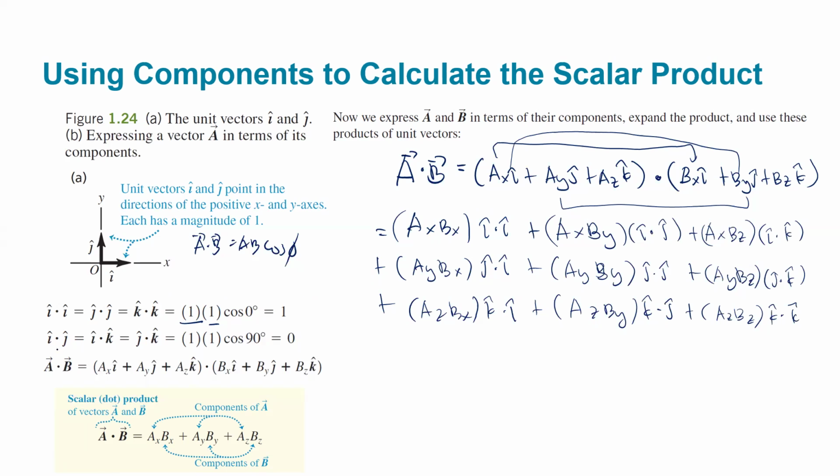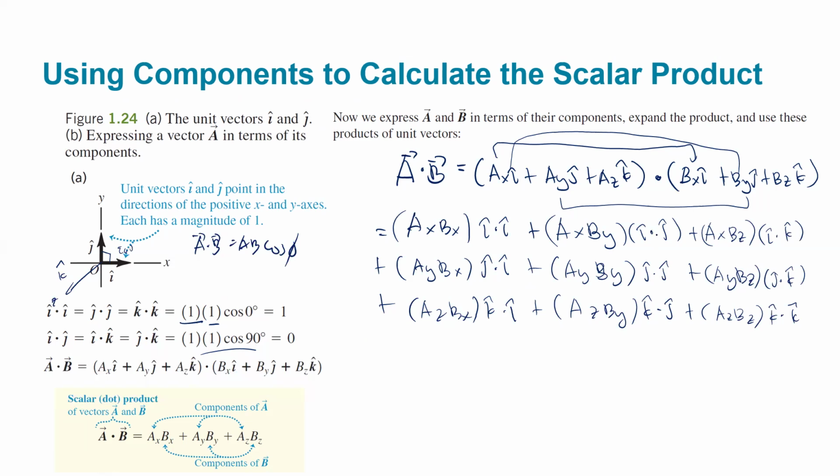However, if you say for example i dot j, the angle is 90 degrees, so the cosine of 90 is 0. So i dot j and i dot k, so we have here the k hat. We can see that these are just 0.